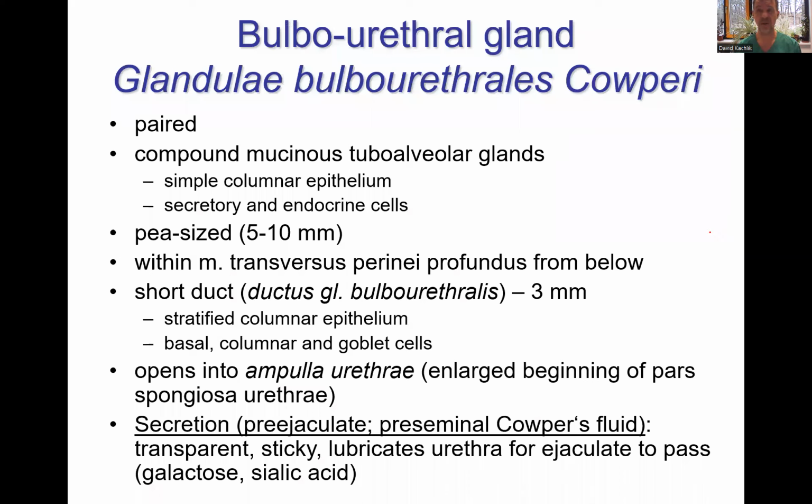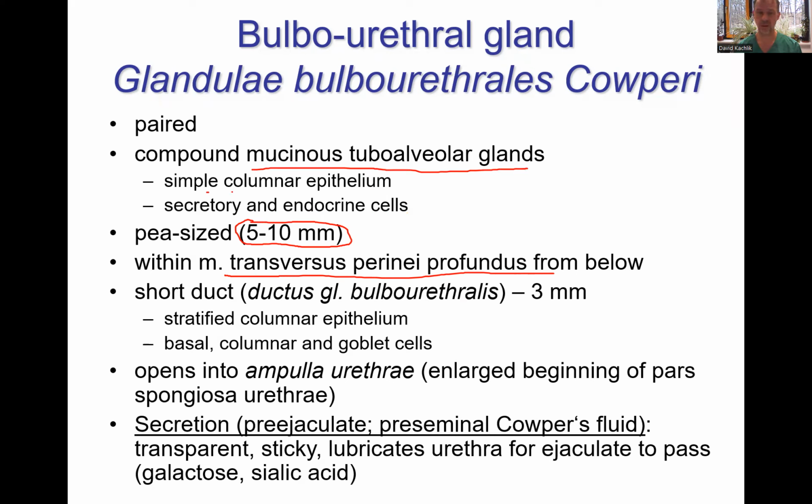And the last accessory male genital gland is the bulbourethral gland of Cowper. It's a very small gland located inside urogenital floor, so below pelvic floor, very small, so pea-sized, up to 1 centimeter big ball, and it is a compound mucinous tubular gland.